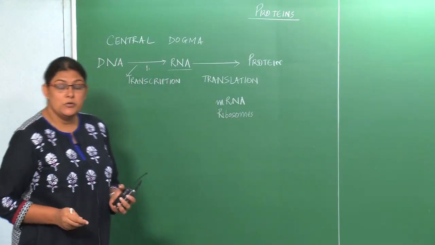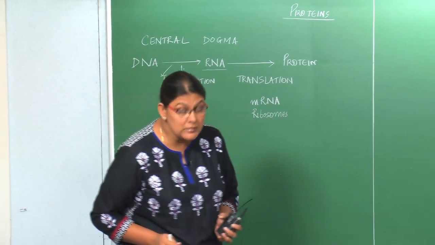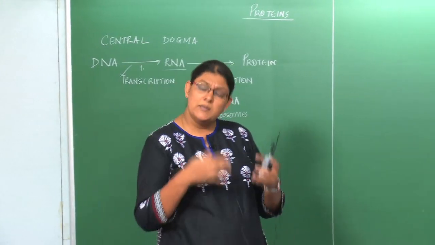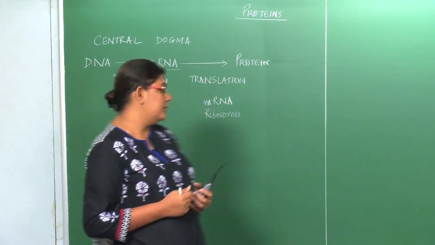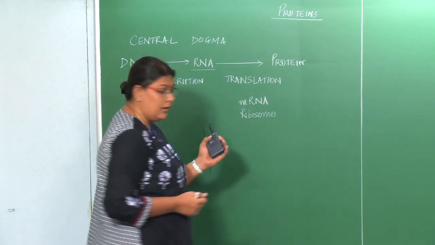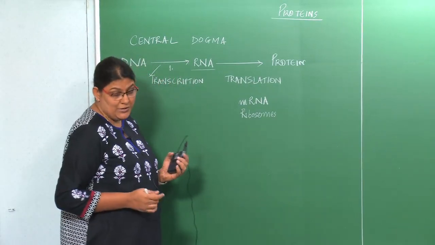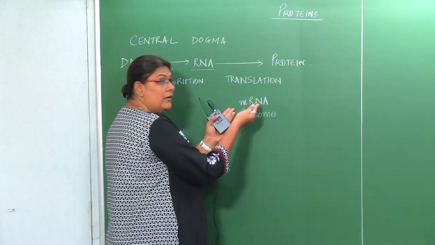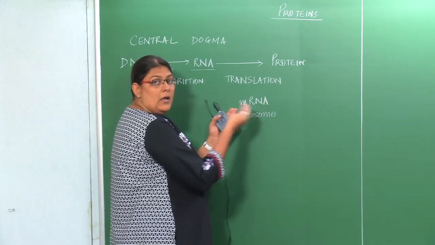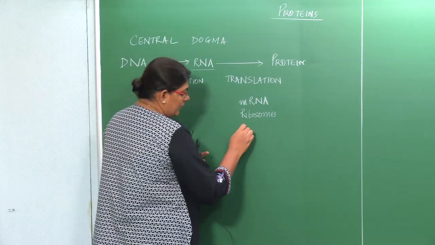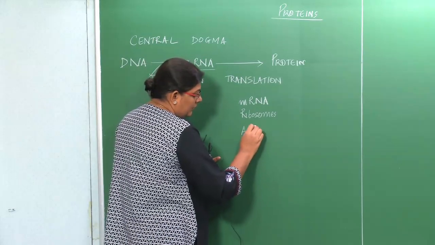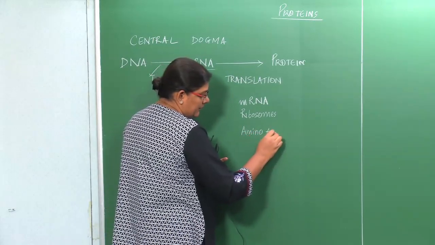There are also ribosomes which are present on the endoplasmic reticulum in eukaryotic cells. That is also a site for synthesis of proteins. So, you need mRNAs, you need ribosomes which are the chefs, and these chefs will read the information in the mRNA and bring in the other ingredients which are the amino acids.